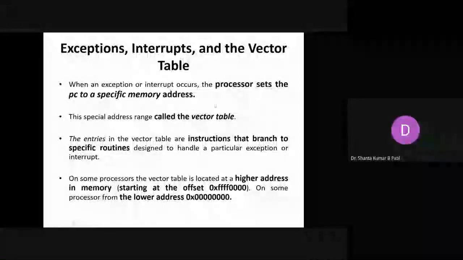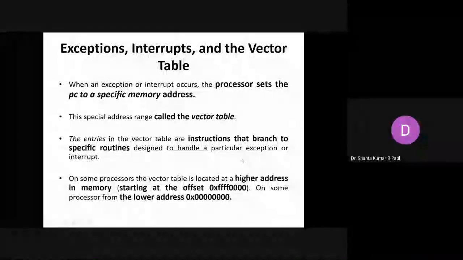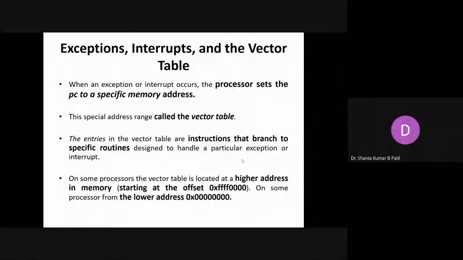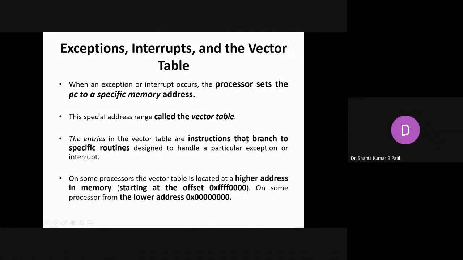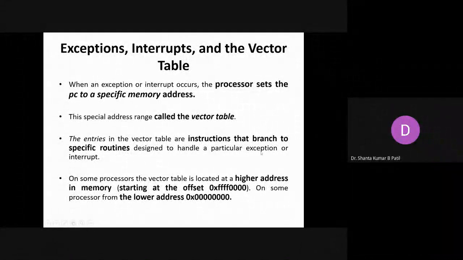Okay, so most processors store the ISRs either in the beginning or in the end. Some part of the memory is used, and we call this part of the memory the vector table. The entries in the vector table are instructions that branch to specific routines designed to handle particular exceptions or interrupts.